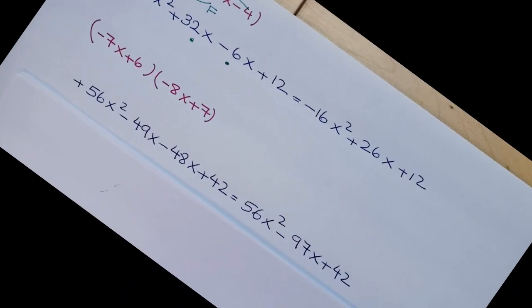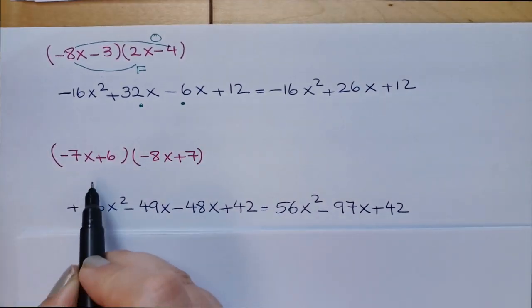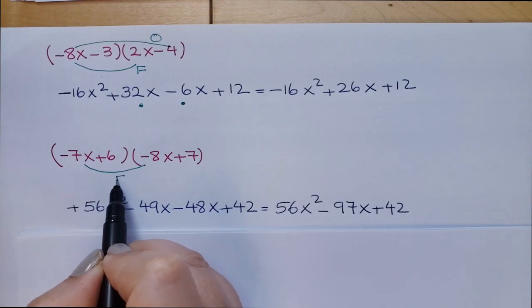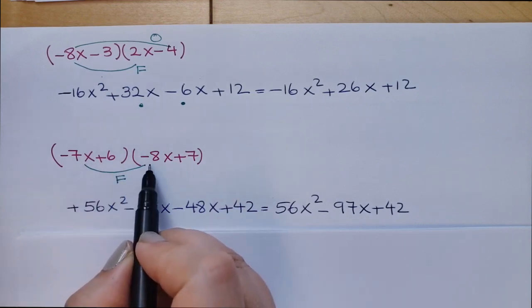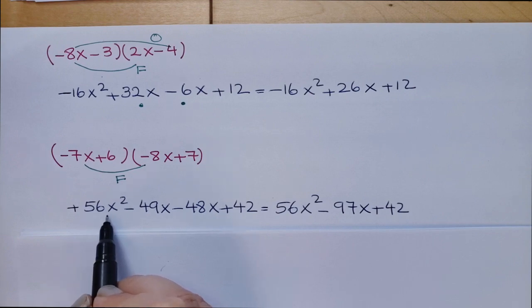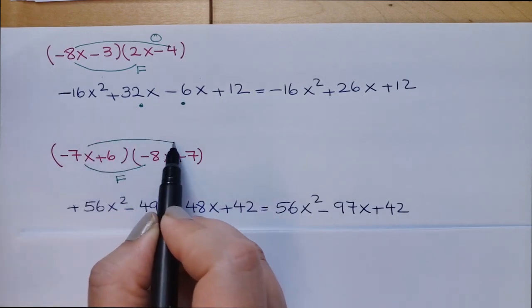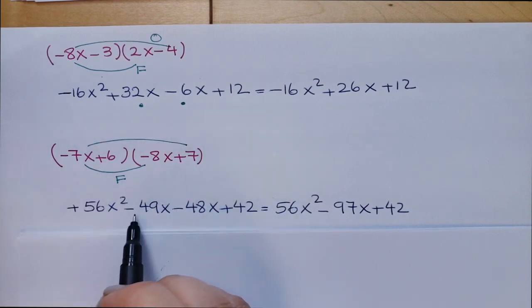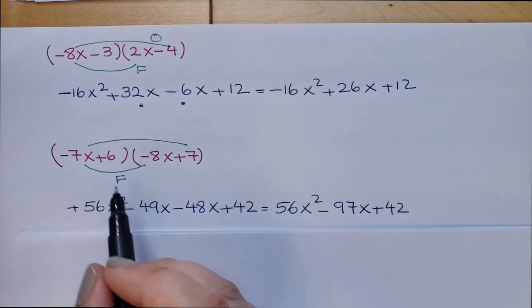Okay, the next one, let's start with the FOIL. So F, negative 7x times negative 8x, that would be 56x squared. Then the O, negative 7x multiplied by 7, so negative 49x.